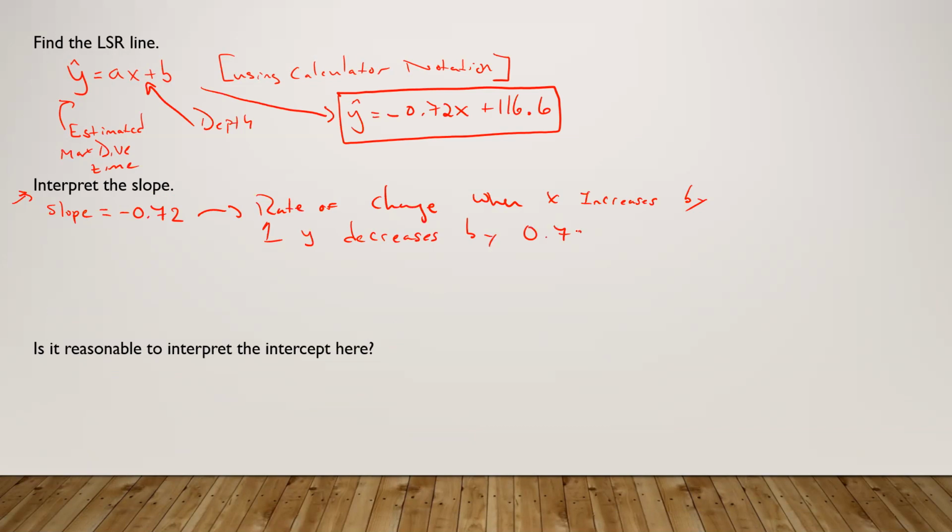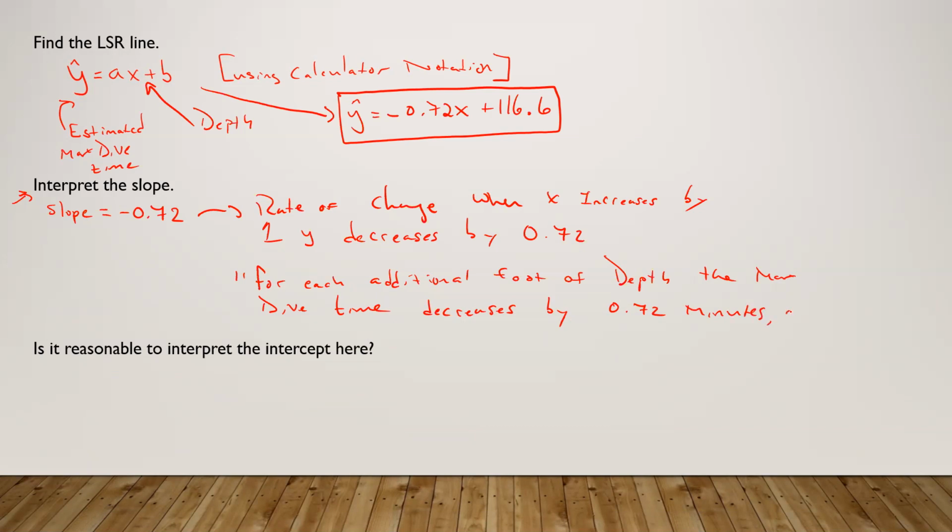by 0.72. Okay, so to put this in terms of the actual problem, for each additional foot of depth, so when x increases by 1 foot, the max dive time decreases by 0.72 minutes.